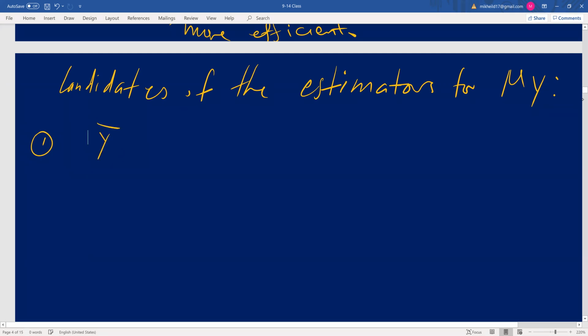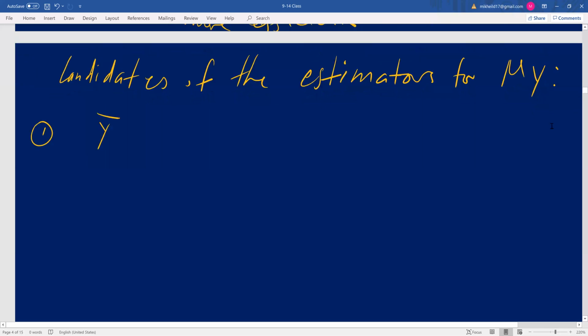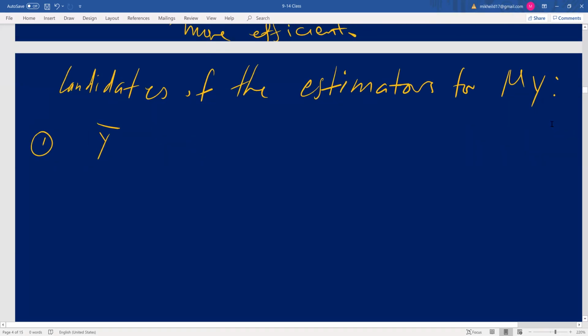Y bar, right? Clearly. Can you tell me which one is the second candidate? Y16, right? Do you agree with me? Can you maybe explain what Y16 is?